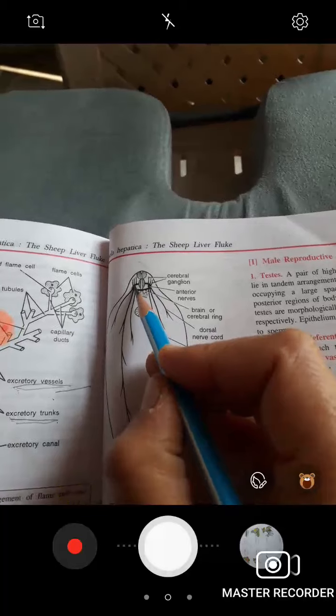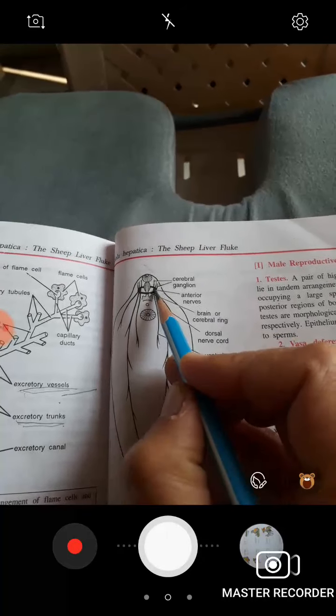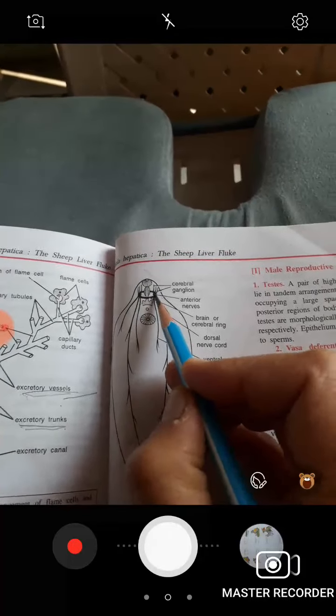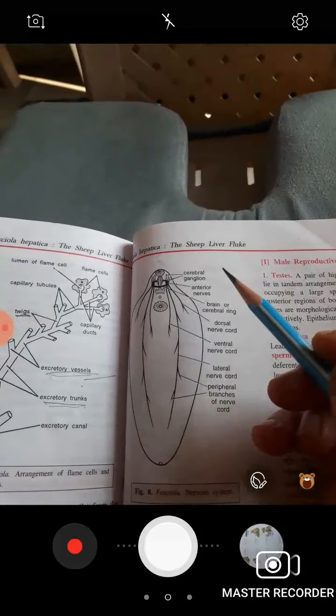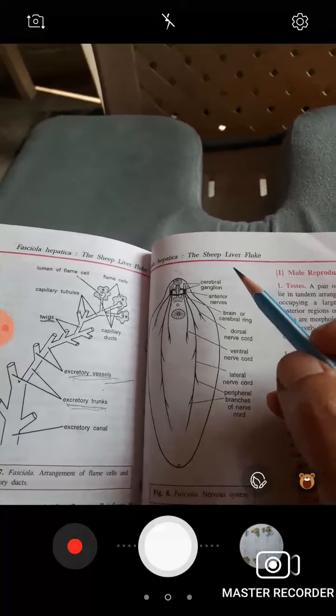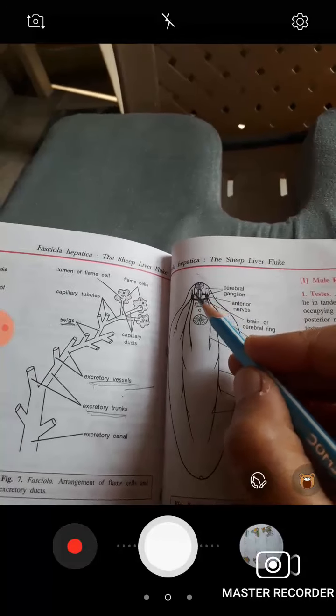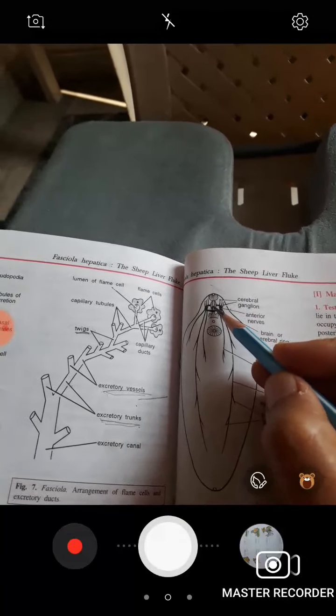of cerebral ganglia. Here you see these circles at these ends. These are called cerebral ganglia and one ventral ganglion. It is not visible here, it is present at the back of the pharynx.